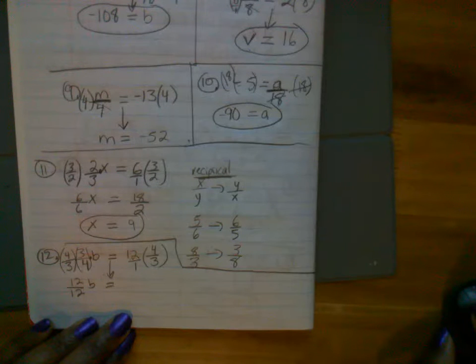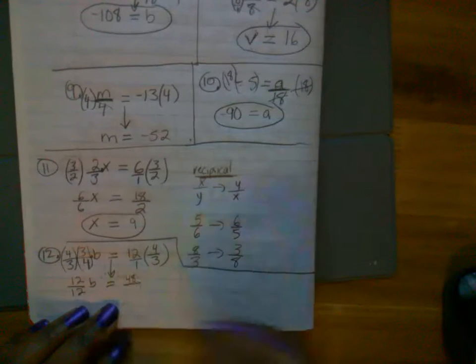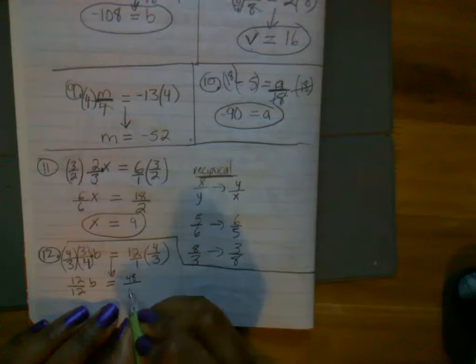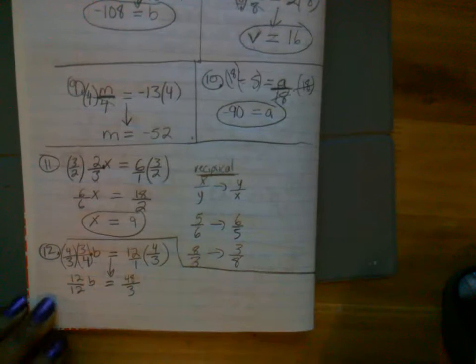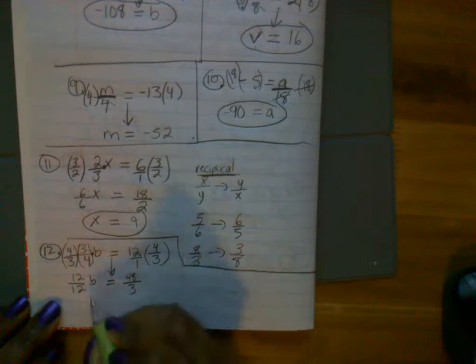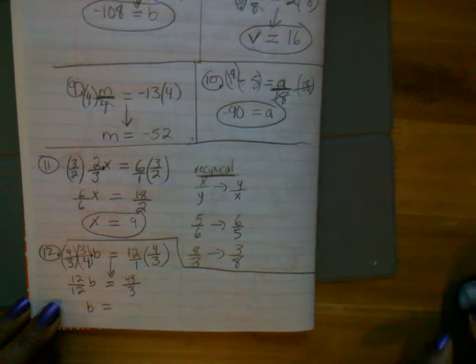Type it in if you don't know. 48. So we put 48 here. And then we got 1 times 3. We put 3 here. We divide. 12 divided by 12 gives me 1b. So I can just put b. And then we got 48 divided by 3. And some of us know that's going to be 16.